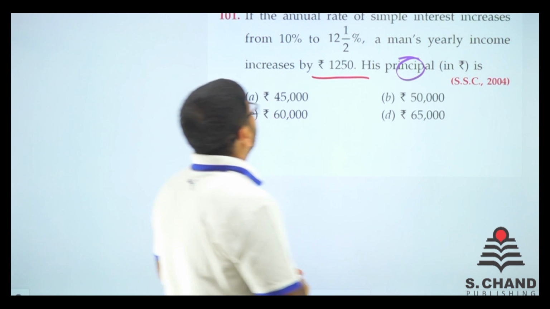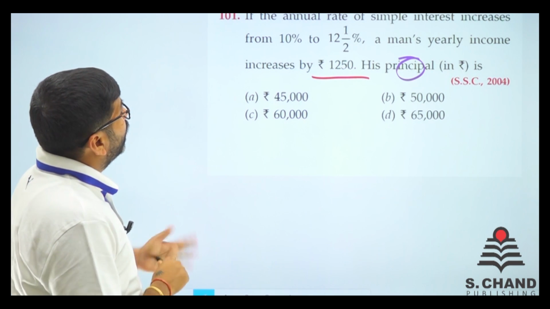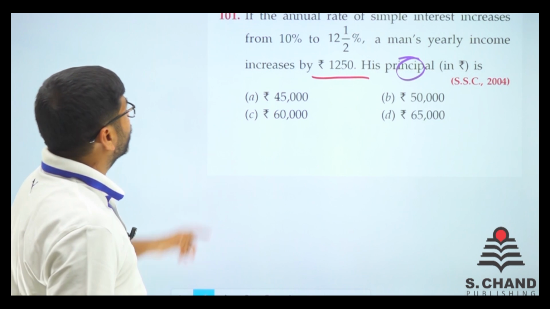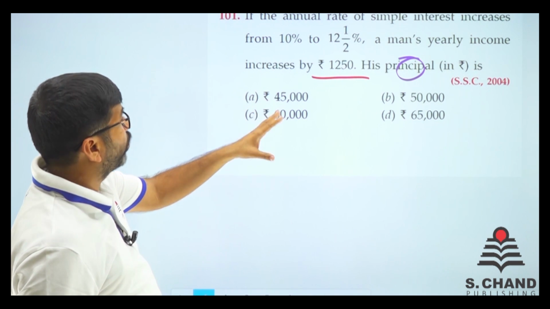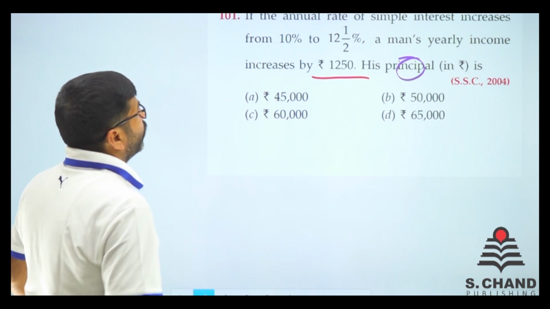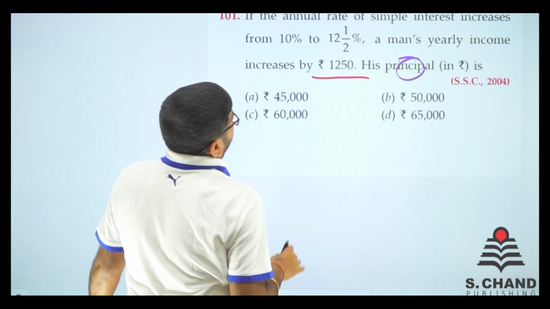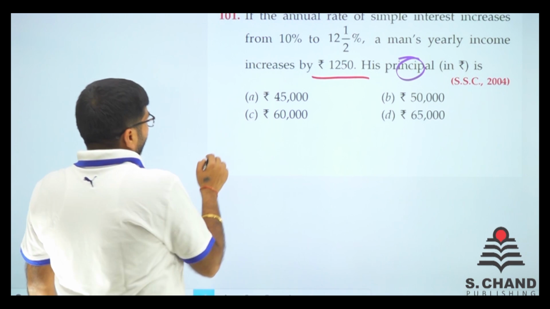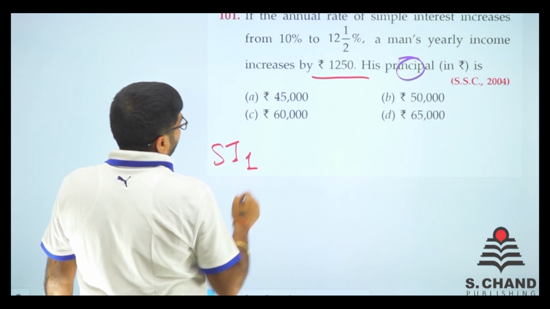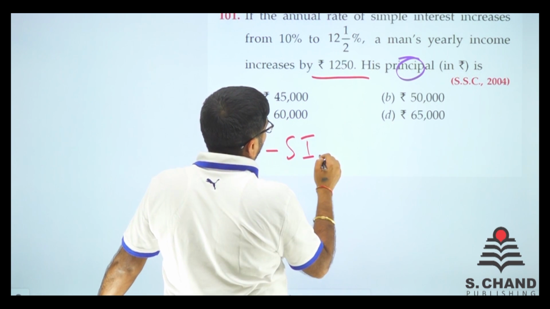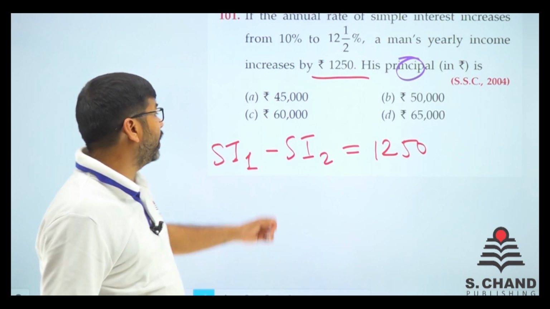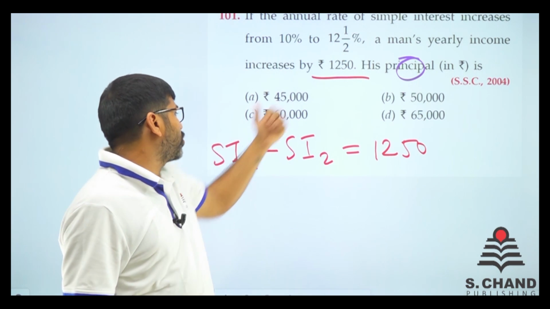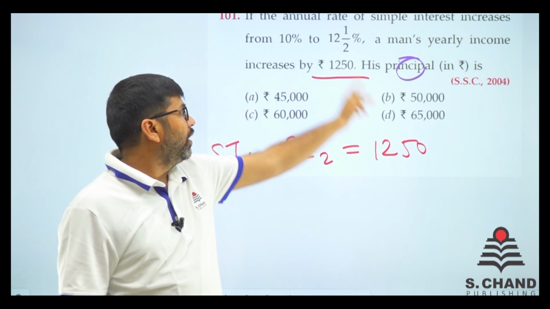We need to calculate the principal. The yearly income increase is 1250, so SI1 minus SI2 is equal to 1250, for 1 year. SI1 is at 12.5 and SI2 is at 10.